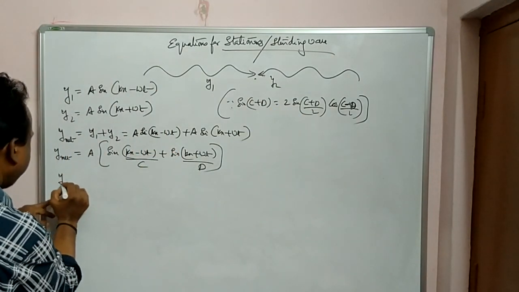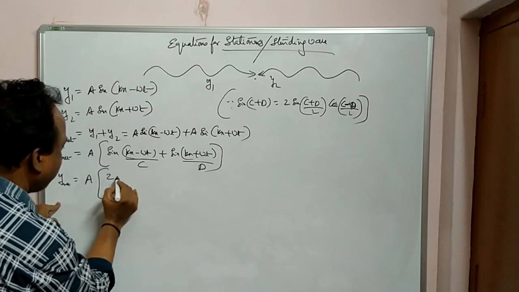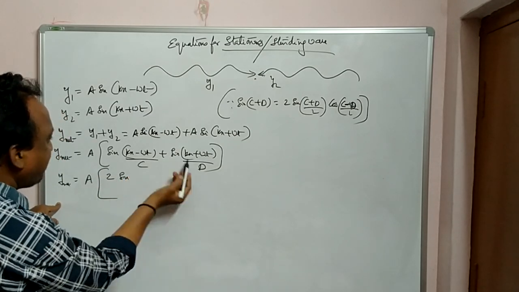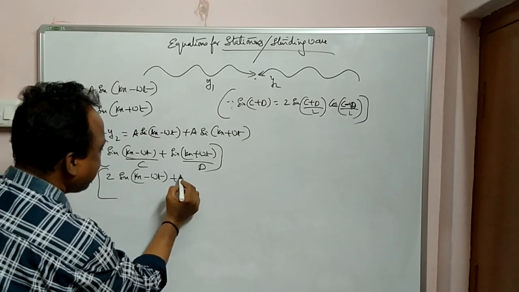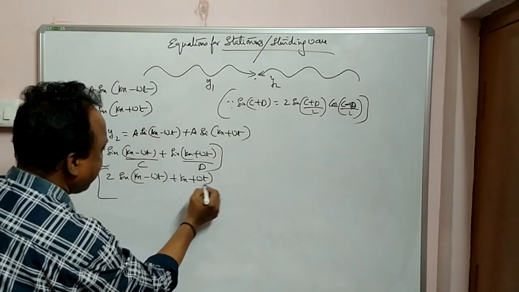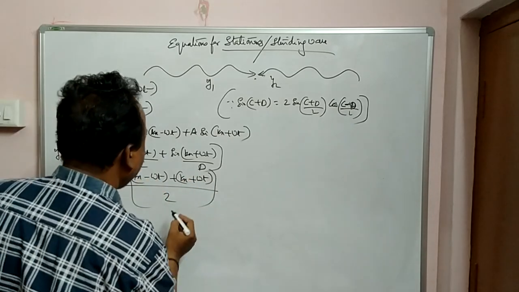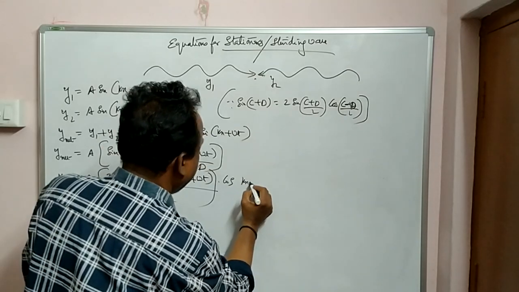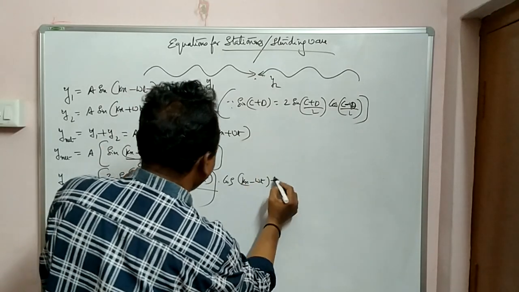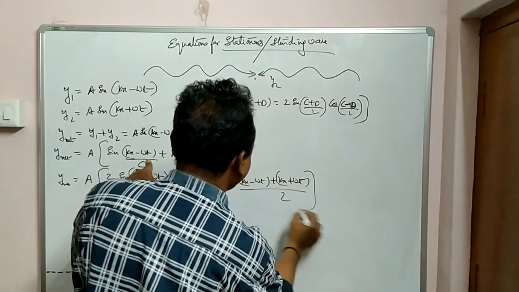So y net resultant is equal to A common, 2 sin c plus d, that is kx minus omega t plus kx plus omega t by 2, into cos c minus d, kx minus omega t minus kx plus omega t by 2.